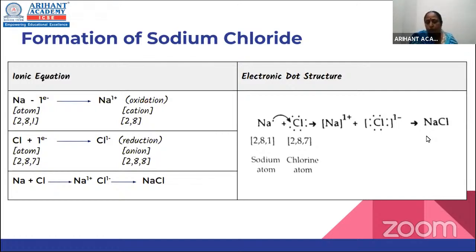Now Na is the metal, it's going to give 1 electron to Cl, which will accept that electron. And what is formed? Sodium 1 plus is formed, electropositive, and Cl 1 minus, and we put them in square brackets. They have become ions, sodium cation and chloride anion, and together they form the sodium chloride molecule.